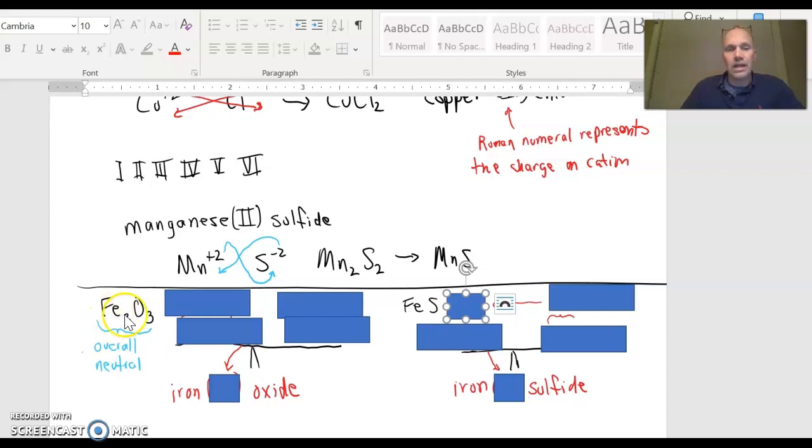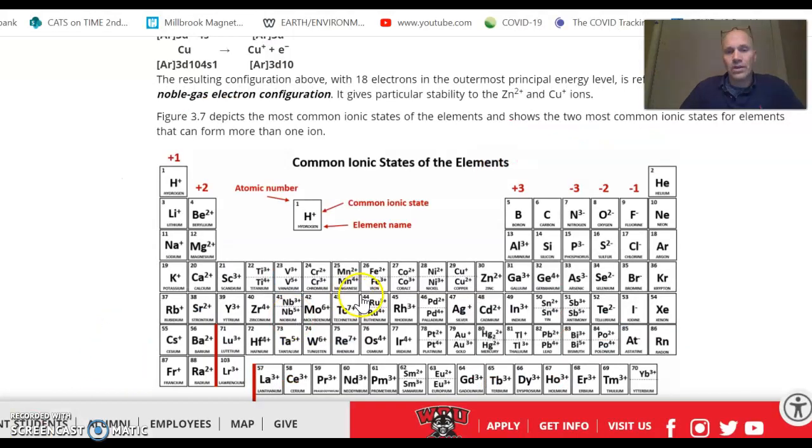All right. And the way to determine that is to look and see, is it a transition metal? And if it's a transition metal, for most of these, we're going to need a Roman numeral. So if you look at iron's position on the periodic table, notice that it's in the center section of the periodic table. So from that, you can assume with these three exceptions I'm going to give you that it's going to need Roman numerals.